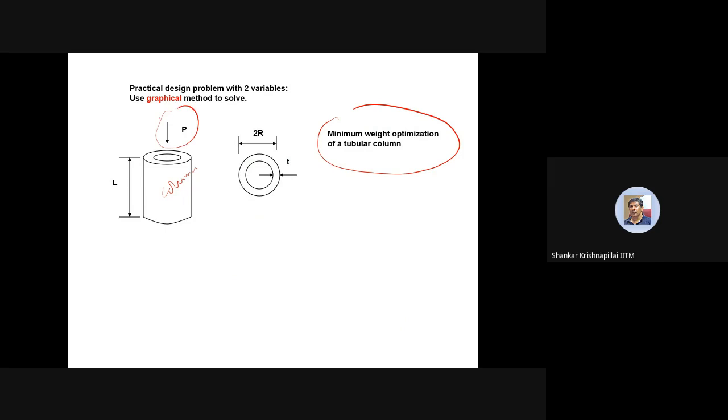It is subjected to load P, and it has a length L. The cross section is defined by the radius, or diameter 2r, and thickness of the tube t. So r and t are the design variables. To get the minimum weight, you have to reduce r and t and thus reduce the cross-sectional area.